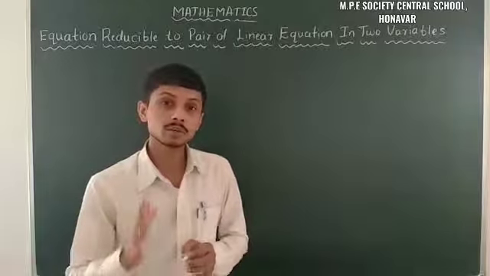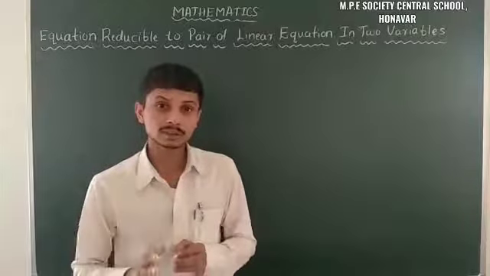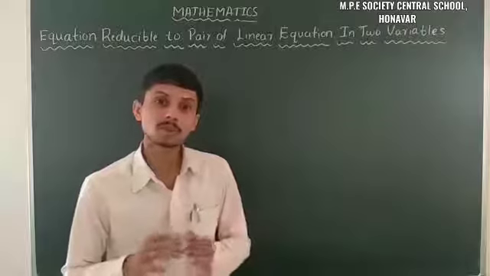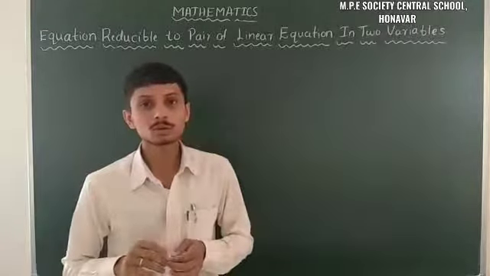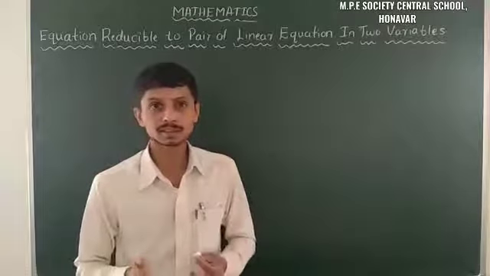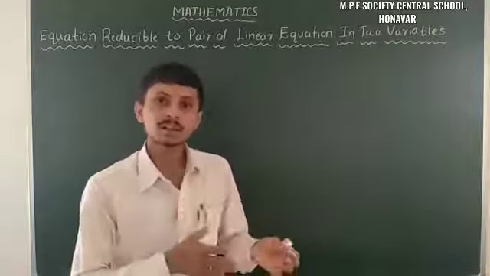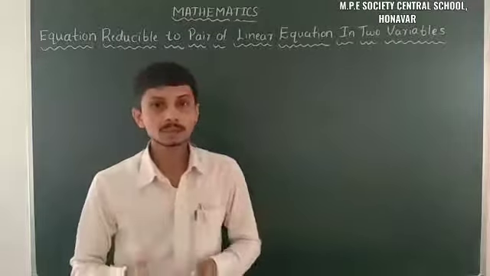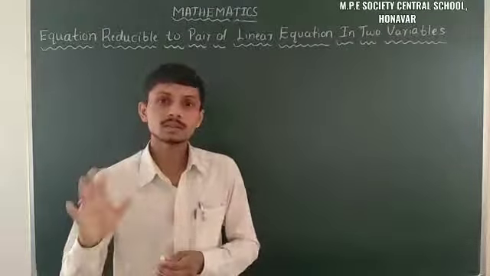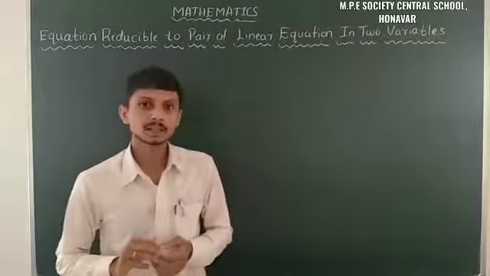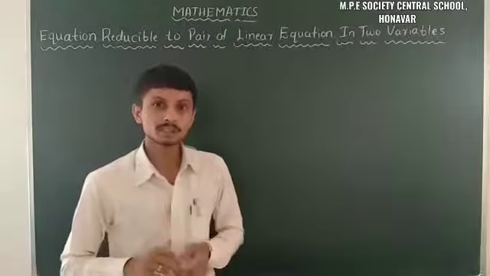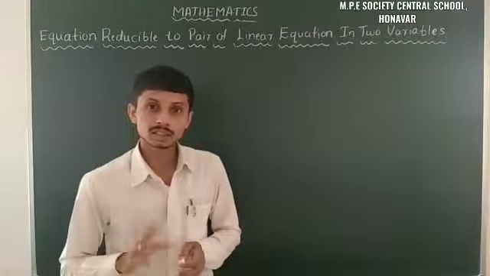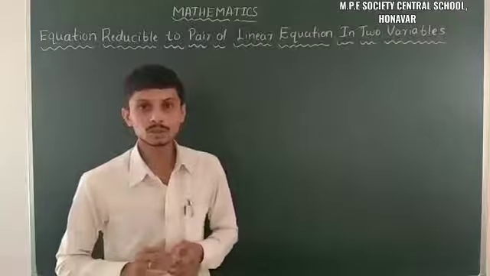So we have to convert those equations into the standard form, and after that solve by any method, whether it is substitution method, elimination method or cross multiplication method. So let us go into the first problem.